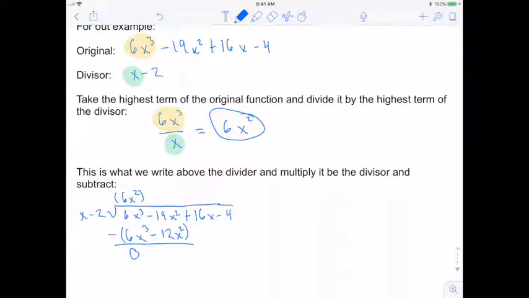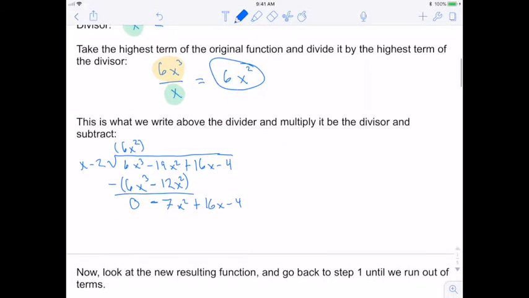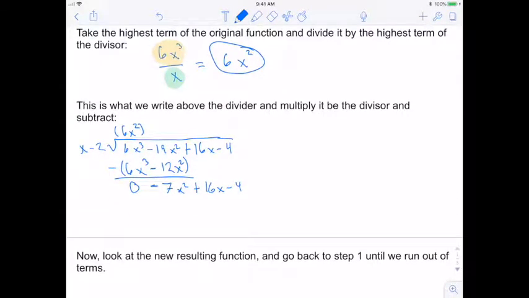So plus 12x squared becomes minus 7x squared. And then we carry down the 16x and the minus 4 because we haven't used them yet. Now once we've done this, and we have a new function on the bottom here, we simply go back to step 1 until we run out of new terms.